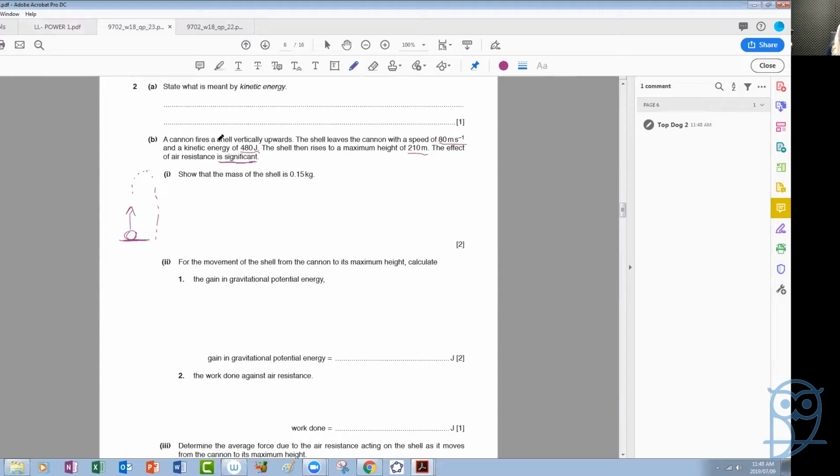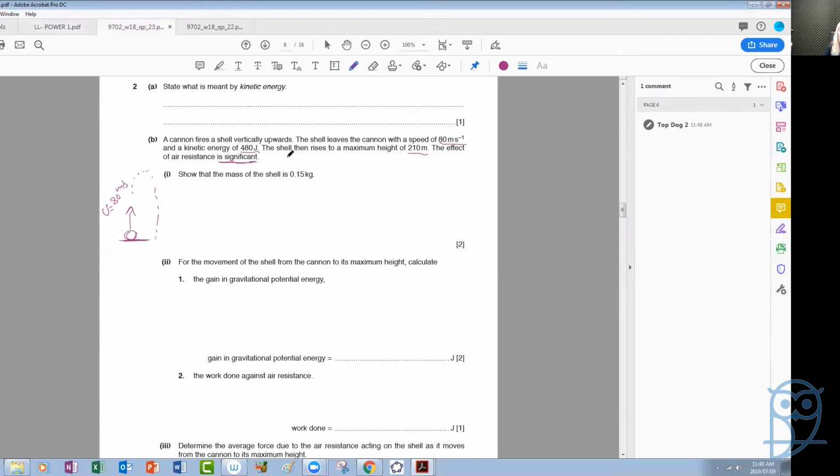All right. The shell leaves the cannon at a speed of 80 meters per second. So they give us the initial speed of the shell, which is 80 meters per second. So we know the initial speed, which means we know its kinetic energy at the initial position. And the kinetic energy of 480 joules, they give it to us already.